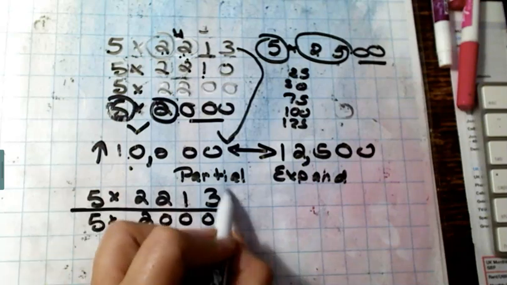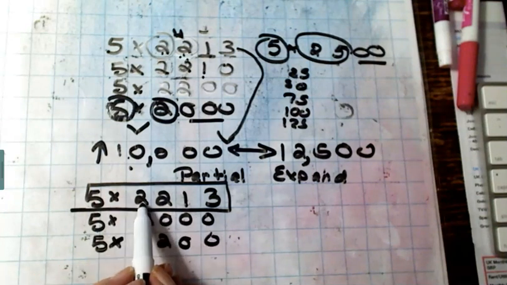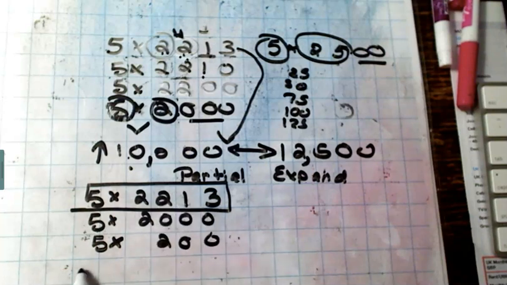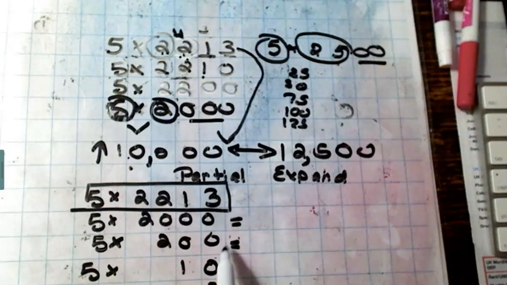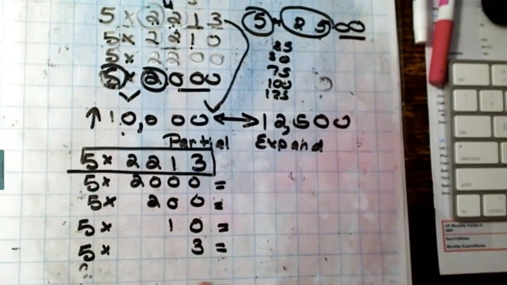Okay, I'm going to put a box around this one. I'm going to have 5 groups of 200, because there was a 2,000, 200, 10, and 3. So what's my next one? 5 groups of 10 and 5 groups of 3. And do you see how I kept my place value lined up on my paper? That's going to be really important.